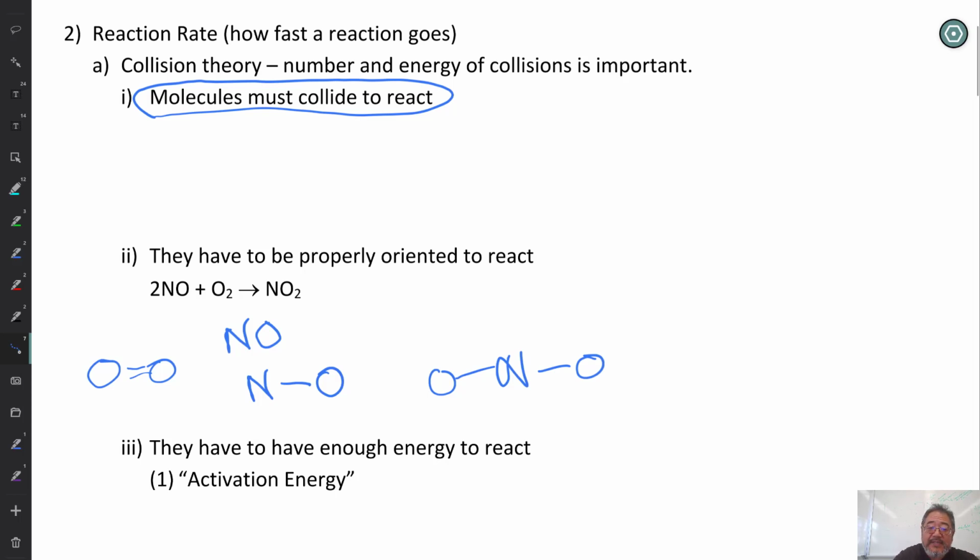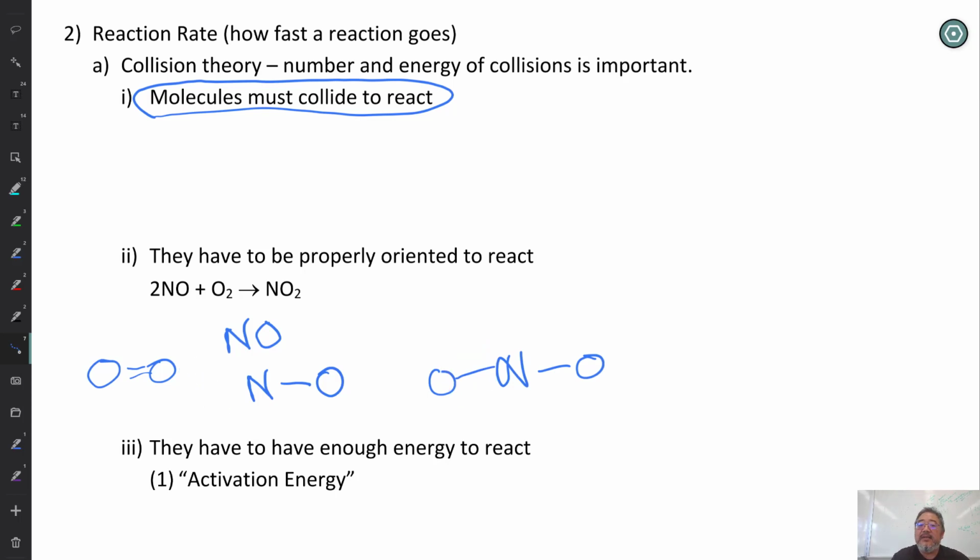Well, if it strikes on this side, then the new bond that forms will be between the oxygens, not the nitrogens. It turns out that that reaction doesn't proceed very far towards the product. On the other hand, if it strikes on this side, like this, then this bond can be formed.